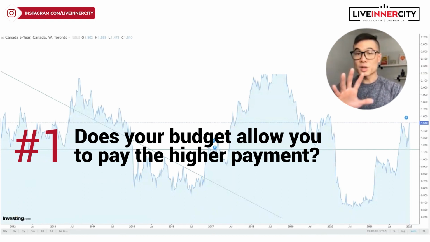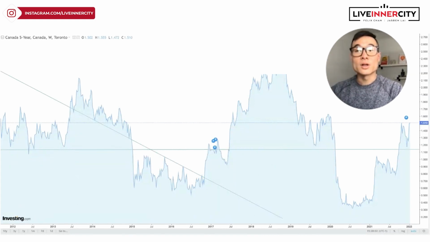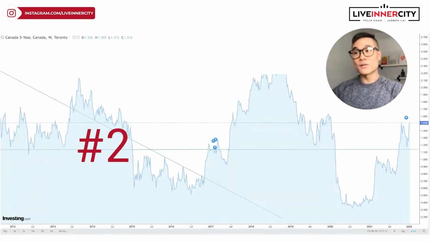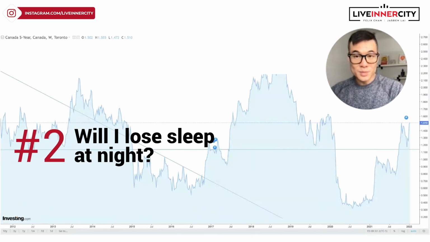Okay, you can be conservative and even say, well, what happens if my variable rate goes up 2%? Get your lender or mortgage broker to calculate what that would look like and see if that's within your budget. If it is in your budget, then the second question you have to ask yourself is, will I lose sleep at night?